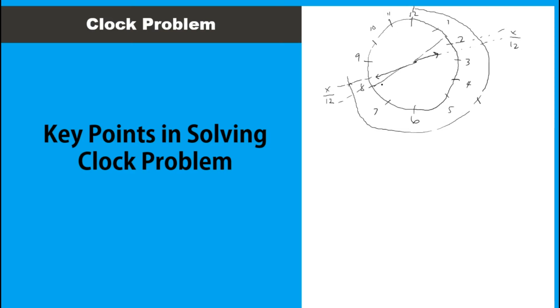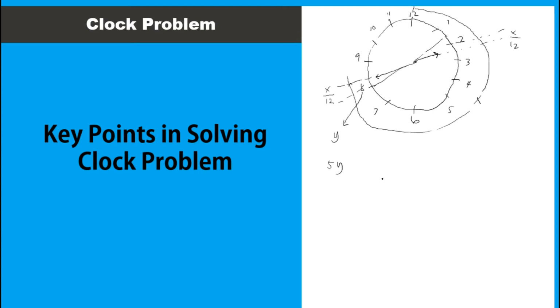This movement is also equal to x over 12. So if this opposite side, let's say this is y hours, let's represent this as a variable. So this 8 corresponds to, let's say, y hours. So the number of minutes from this reference point, 0 minutes, is 5 minutes times y. So this is the interval for a number of hours.